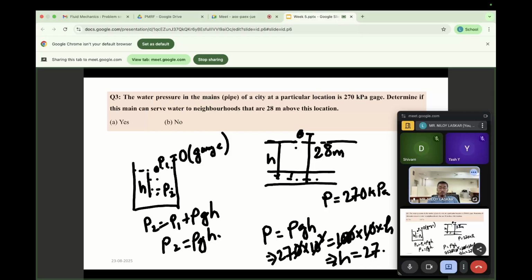Up to this pressure the neighbor can get water, and after that it will not get water, because this is the reference line. Up to this pressure the water can travel. After this there is no such pressure difference. If there is no pressure, then how will this water flow? That's why the answer is no.